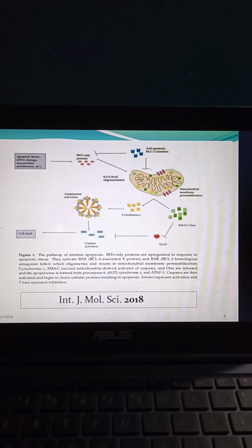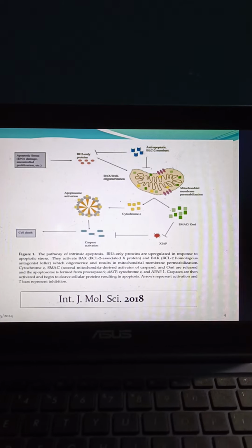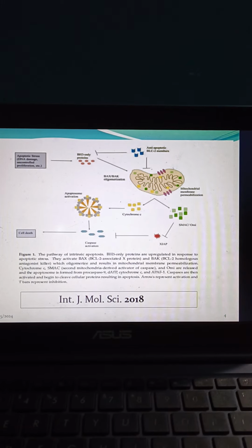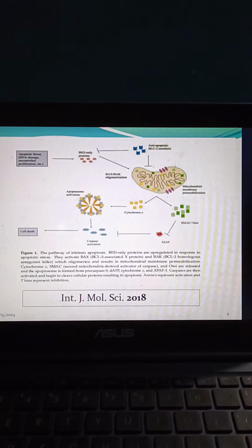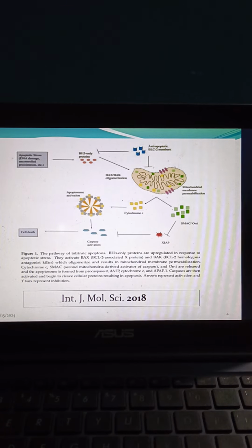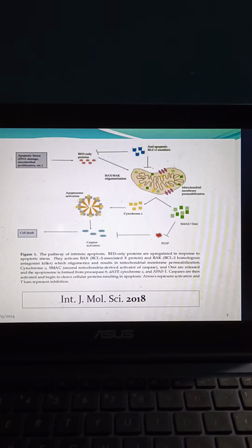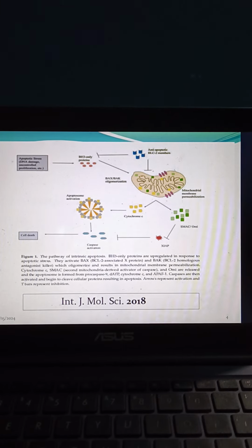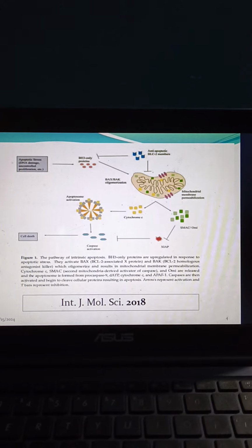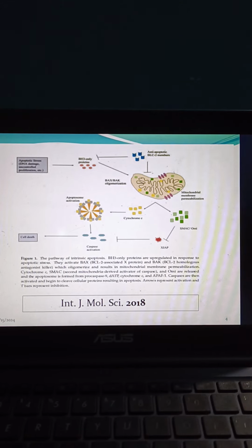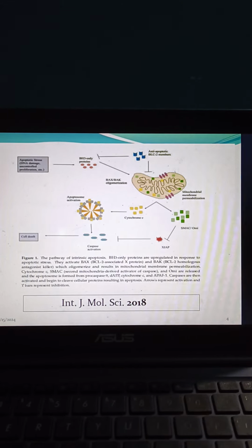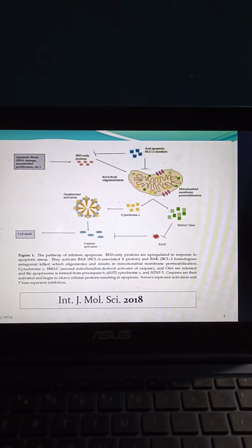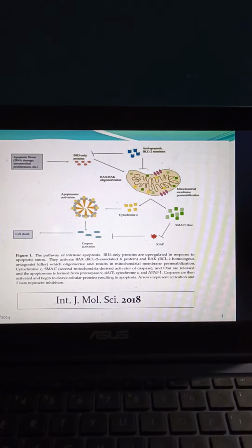Cytochrome C, SMAC, the second mitochondria-derived activator of caspase, and Omi are released, and the apoptosome is formed from procaspase 9, dATP, cytochrome C, and APAF1. Caspases are then activated and begin to cleave cellular proteins, resulting in apoptosis. Arrows represent activation and T-bars represent inhibition.